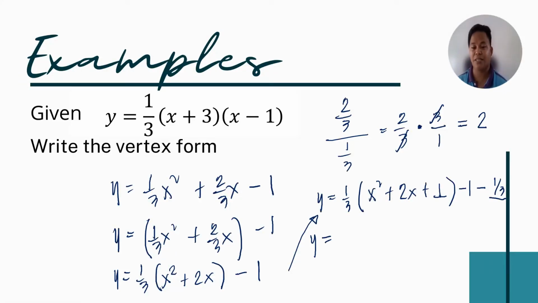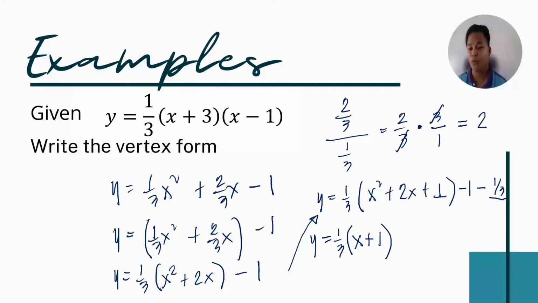Then we're going to simplify 1/3. Then we're going to factor this perfect square trinomial. And its factor is the square of binomial. Square root of x squared, x. Square root of 1, 1. And the sign of the middle term is positive or plus. And we're going to simplify po the values here.